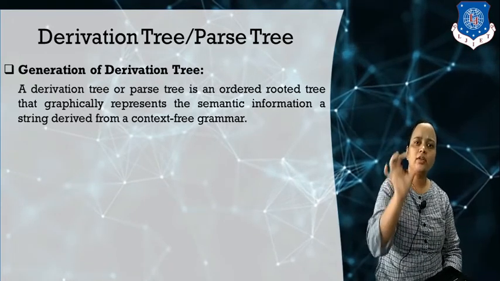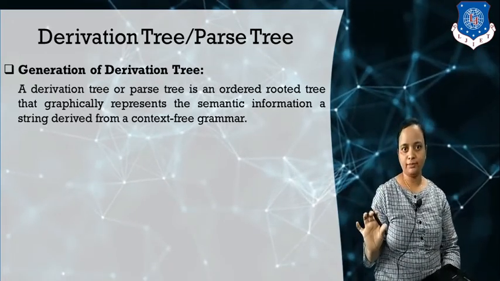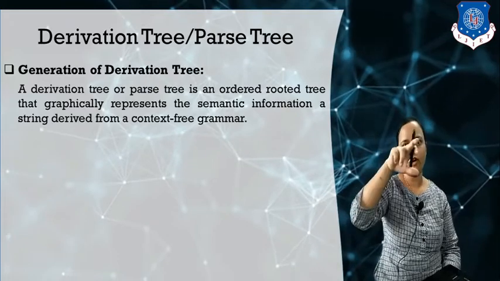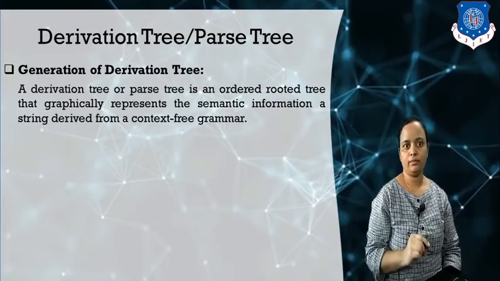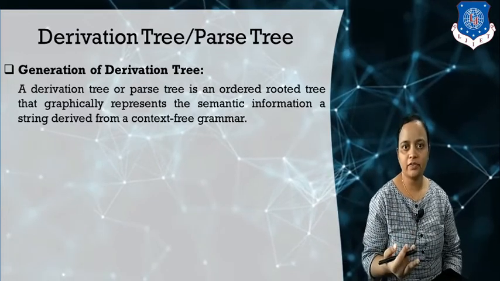So the string which is derived from the grammar, if we represent it in a tree form, is called a derivation tree. Now how can we generate the derivation tree?